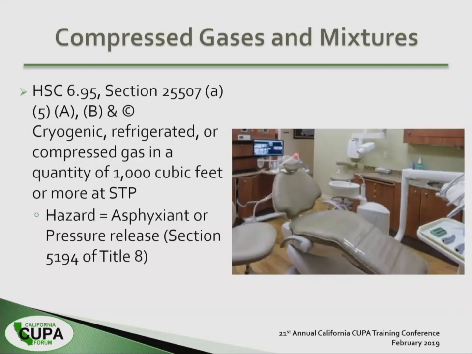Another area where you see the threshold to be 1,000 cubic feet is at a dentist office or a medical office. So the gases that are used here are oxygen, nitrogen, and nitrous oxide. So if you're a dentist office or a hospital or a small clinic that only has very few gases that I just mentioned that are only a hazard because they're an asphyxiant or they're compressed, then your reporting threshold is 1,000 cubic feet.